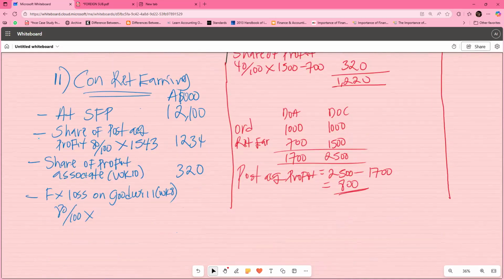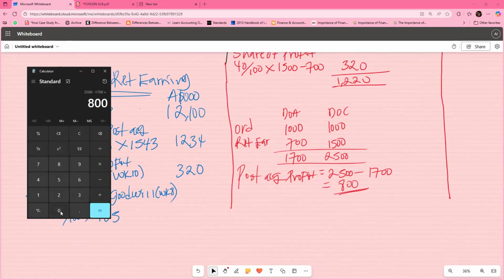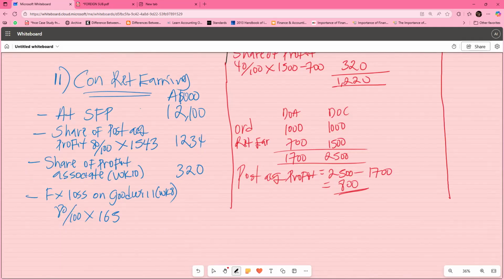So 80% of 165 is 0.8 multiplied by 165. So that's 132. So you remove the 132.